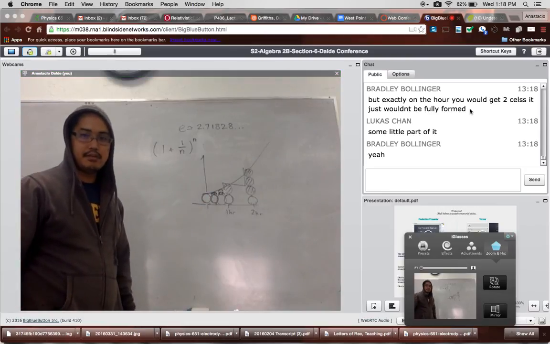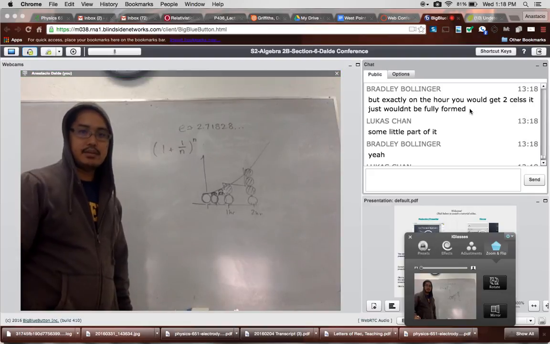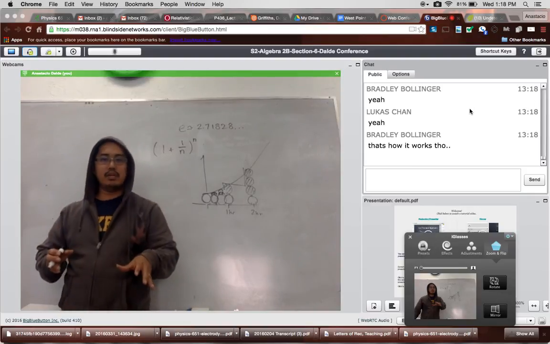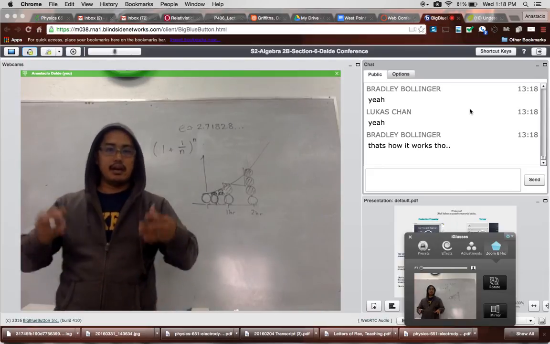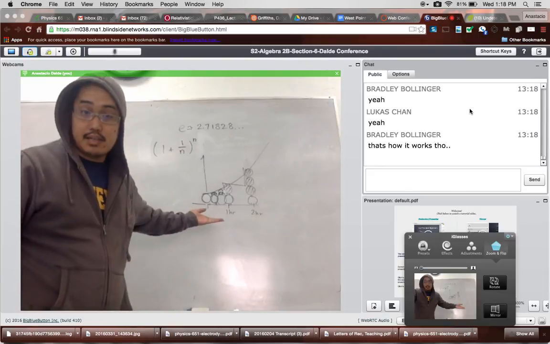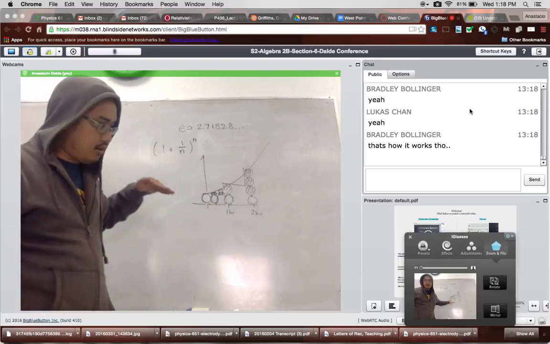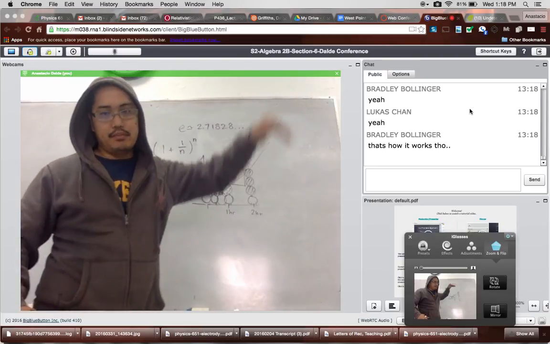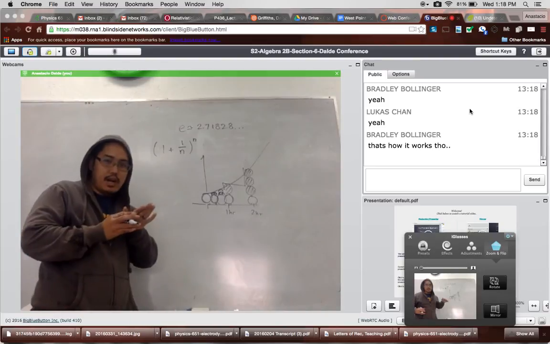You see what I mean? Yeah, that's exactly how it works. That makes sense to me. It doesn't go boom, boom, boom. It kind of gradually grows, right?